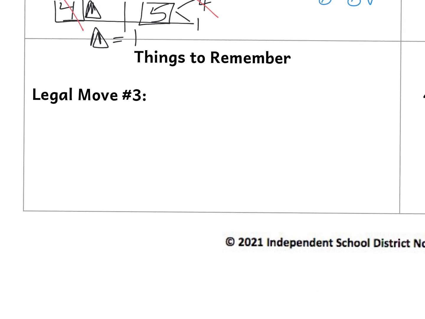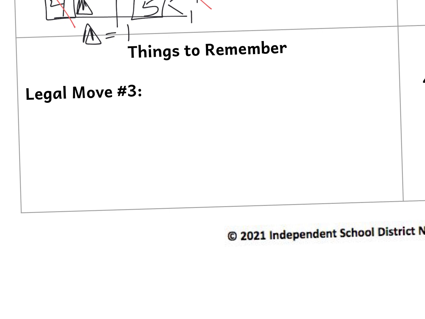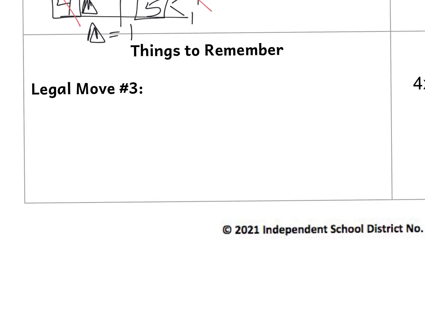So what is our legal move that we are looking at today?